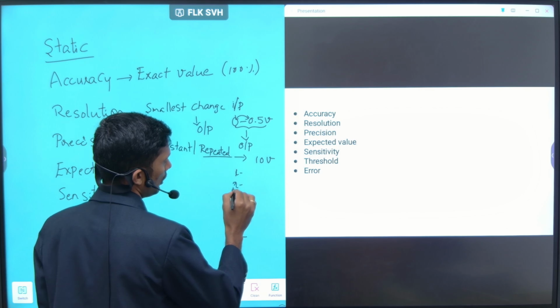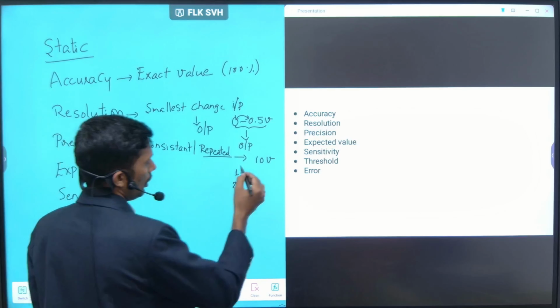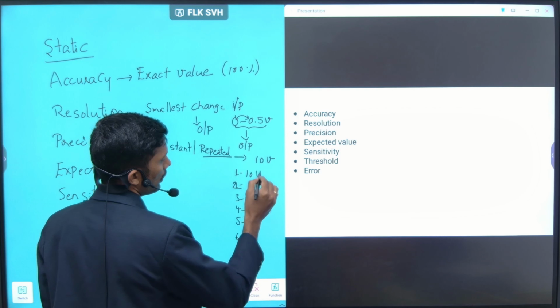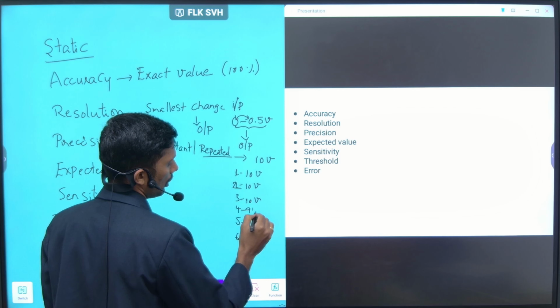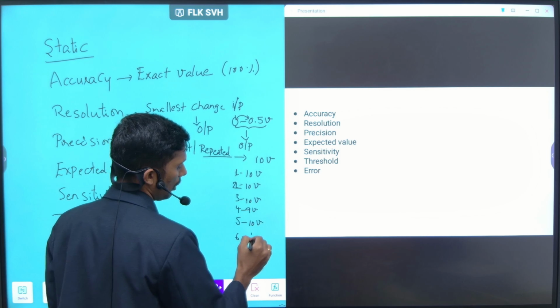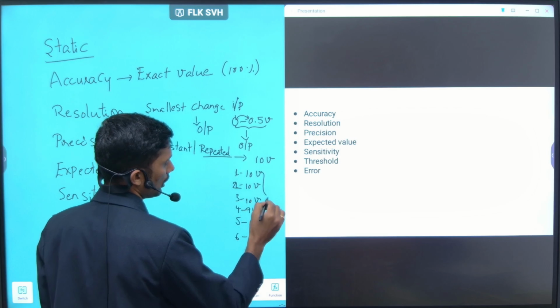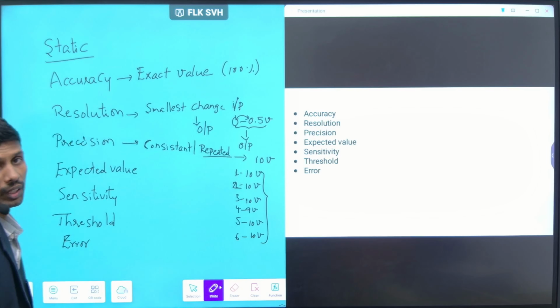Out of 6, every time or most of the time it matches the accurate value. Then only that instrument has precision.